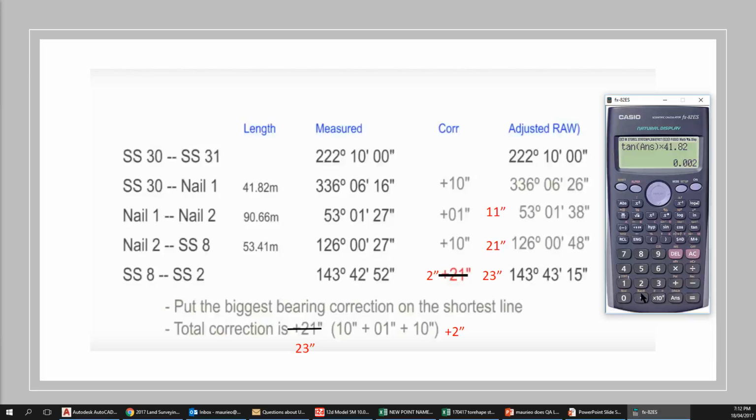However, if we go for a longer line, with 10 seconds again: 0 degrees, 0 minutes and 10 seconds, equals, tan of that answer, and we multiply that by, say, 90.66.